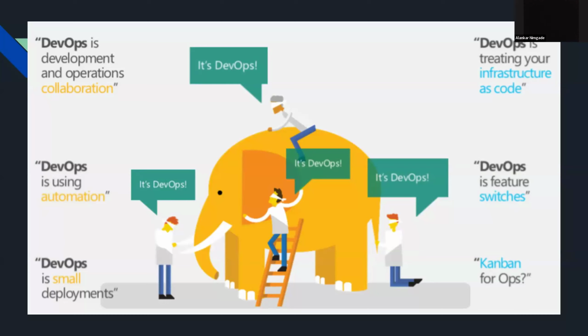You can be an observability engineer and still be doing DevOps. You can be an SRE and still be doing DevOps. You can be a platform engineer and still be doing DevOps. There are a lot of things that come under it, so it's hard to define it in a single definition.